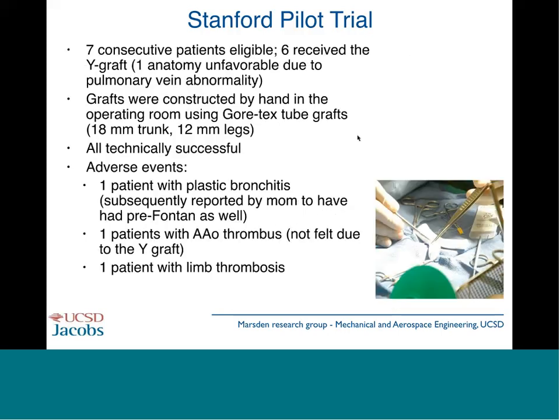We have just recently published the preliminary clinical findings of the first set of patients. We had 7 consecutive patients eligible, 6 who received the Y-graft, and 1 patient had unfavorable anatomy. The grafts were constructed by hand in the operating room by Dr. Reddy using Gore-Tex tube grafts.